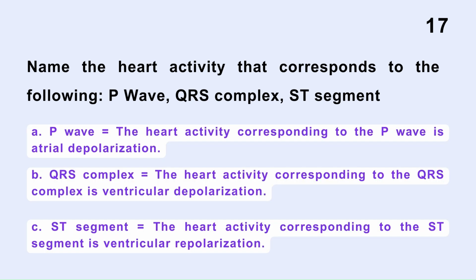The heart activity corresponding to the P wave is atrial depolarization. B. QRS complex. The heart activity corresponding to the QRS complex is ventricular depolarization. C. ST segment. The heart activity corresponding to the ST segment is ventricular repolarization.